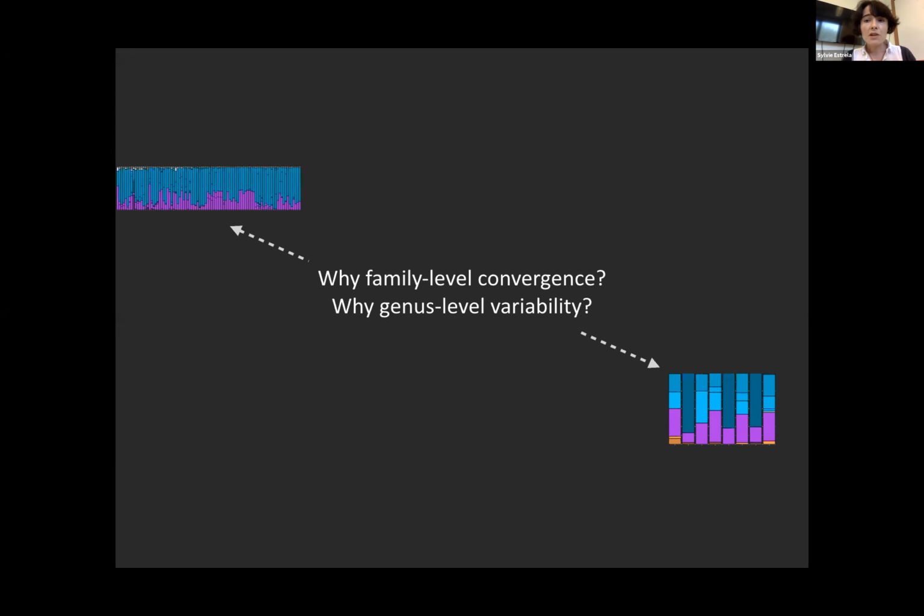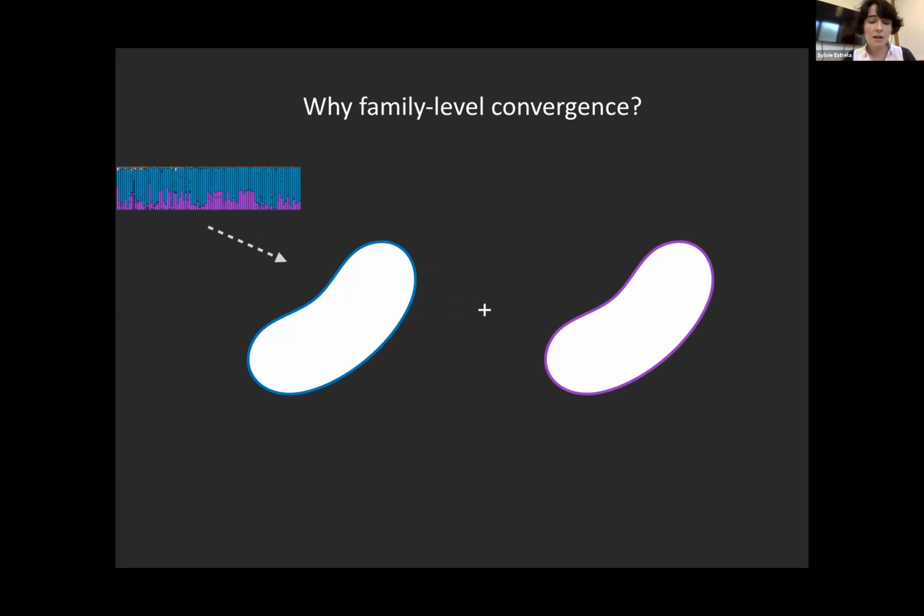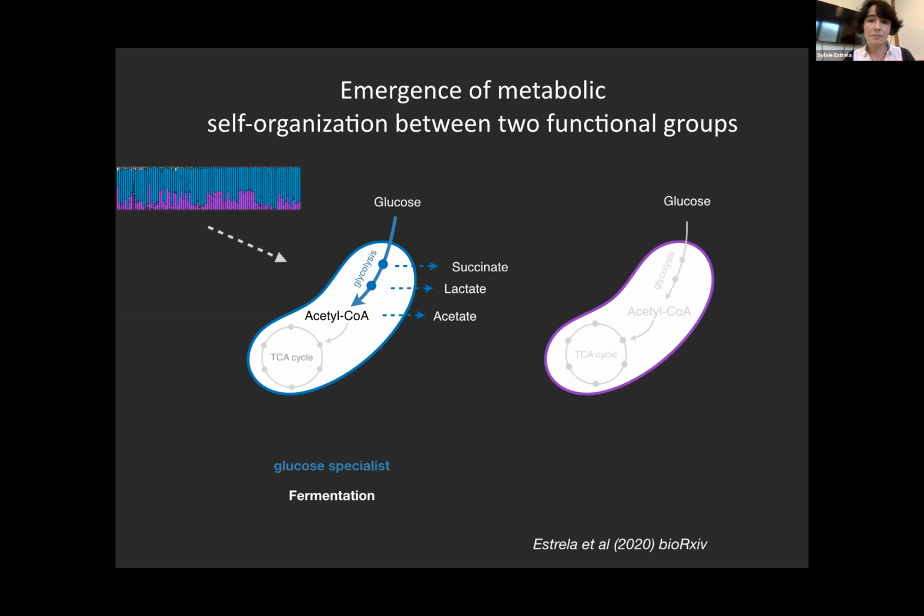And so with these observations, we can now ask, why do we see these patterns of convergence and variability at different levels of community organization? And so first, why do we see convergence? So essentially, by looking at the consumption and secretion profile of a library of strains that were isolated from the self-assembled communities, we recently showed that this convergence at higher levels of community composition reflects a metabolic self-organization between two functional groups.